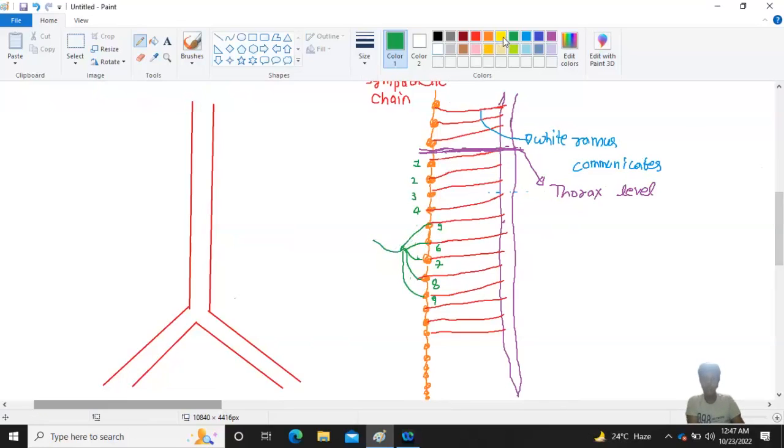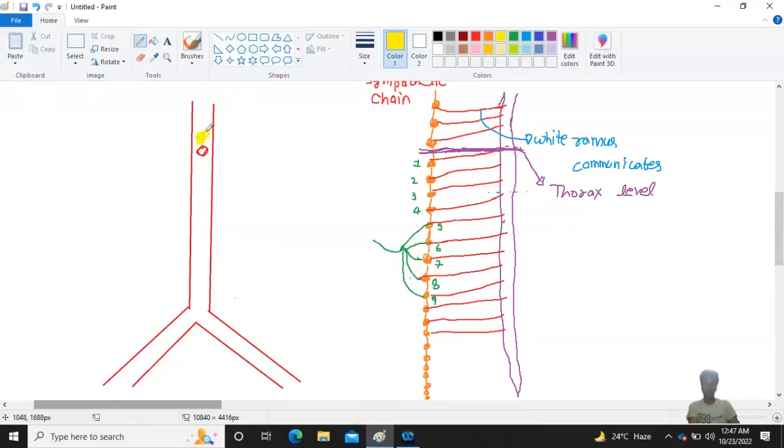And here there are many small ganglia present, basically a combination of ganglia. There are three types of ganglia. First, this is the celiac trunk, you know. Near the celiac trunk there is the celiac ganglion.